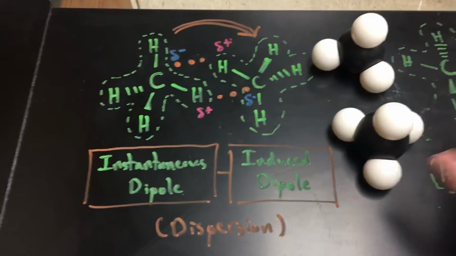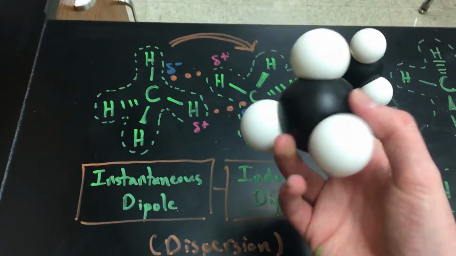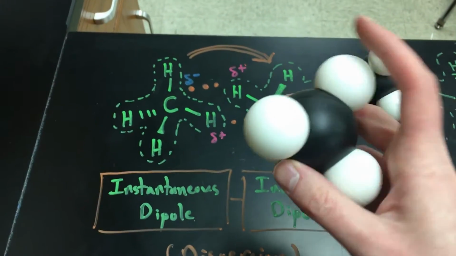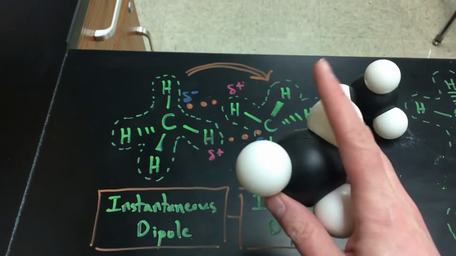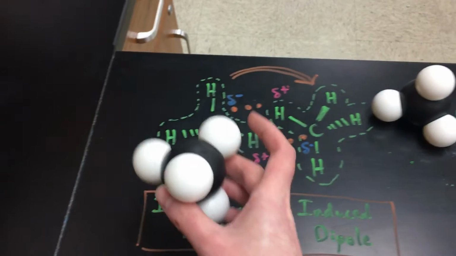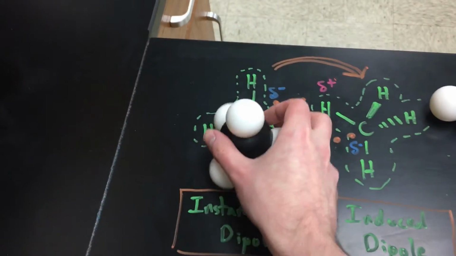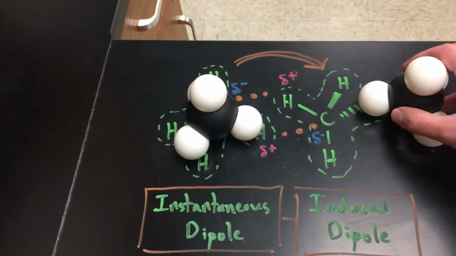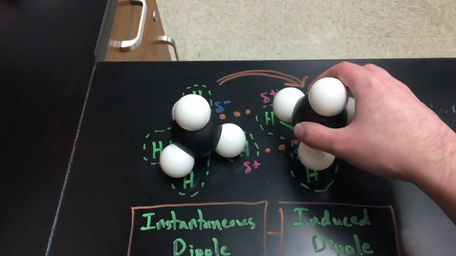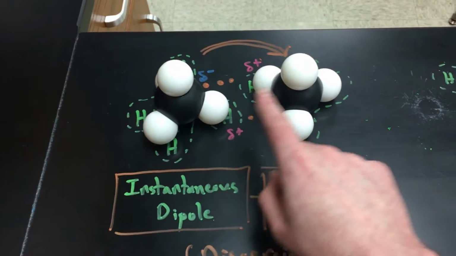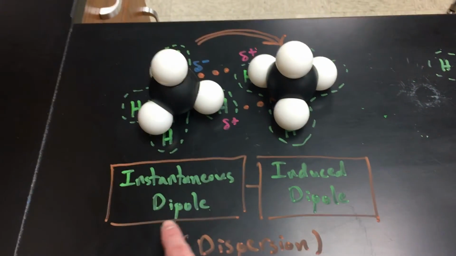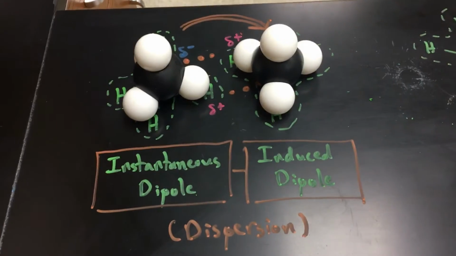We have one nonpolar molecule of CH4 that happens to get a little bit more of its electron cloud shifted over to one side, so it's a little more electron dense and has a partially negative charge somewhere. Then another molecule of methane can have its electron cloud polarized, inducing a dipole on it. So instantaneous dipole, induced dipole means dispersion forces.